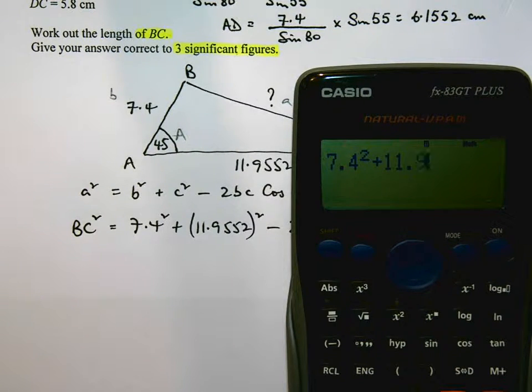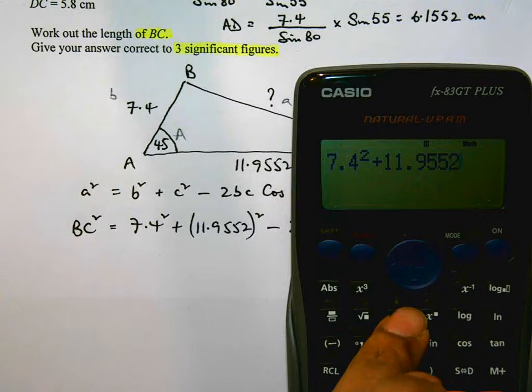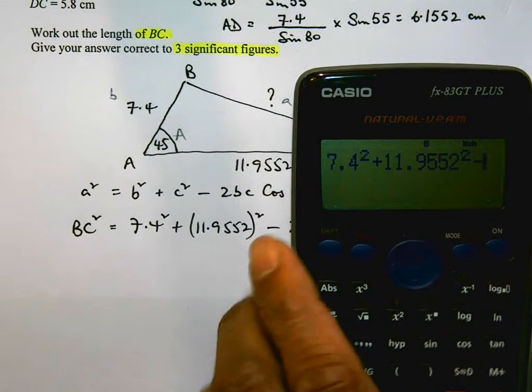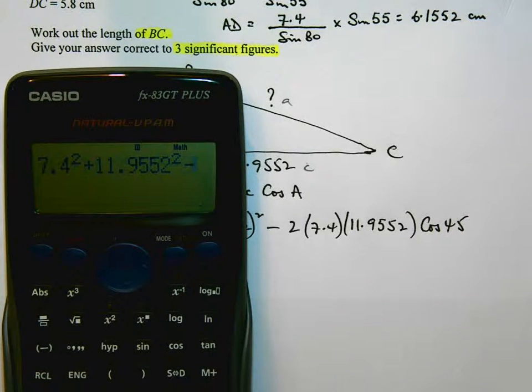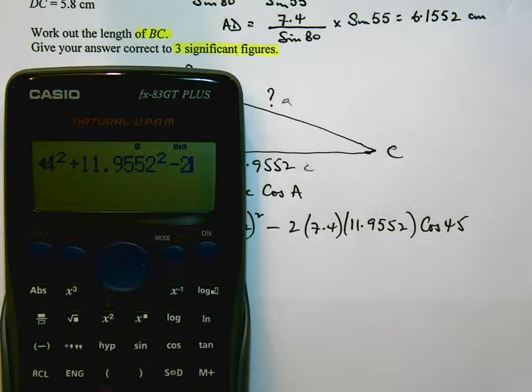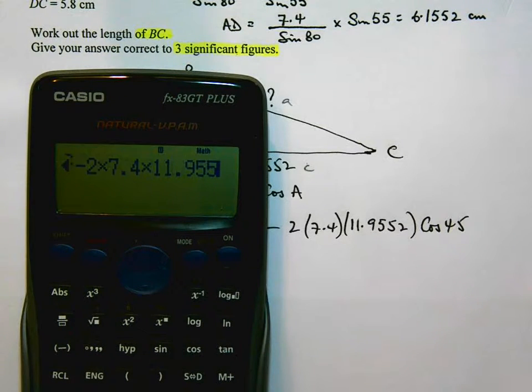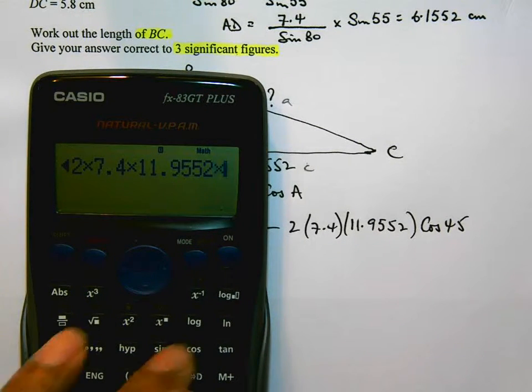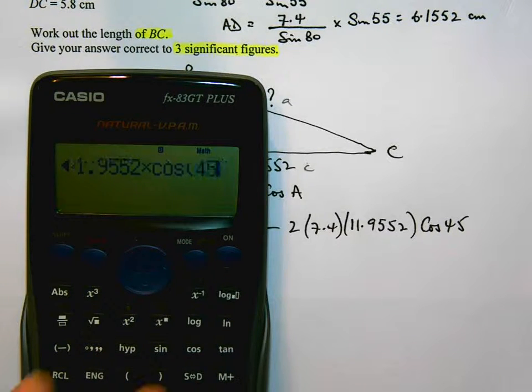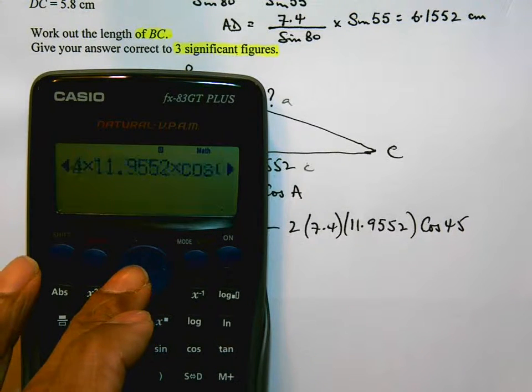I'm now going to enter that onto my calculator. 7.4 squared plus 11.9552 squared minus, I'll use brackets around this just as I've done in my workings. Actually, I'm just going to use the times 7.4 times 11.9552 times cos of 45.